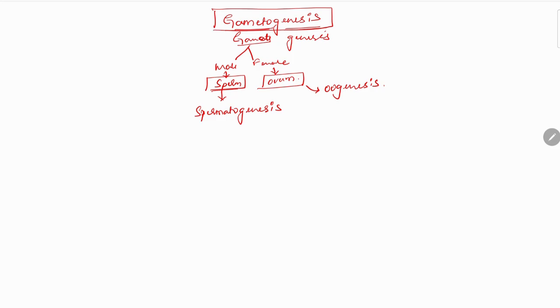First we'll see the background behind gametogenesis, that is, where they first start their production. Before they become sperm cells or ovum cells, in either sex they are initially called primordial germ cells, or PGC.